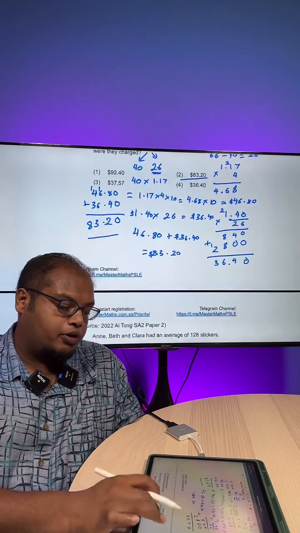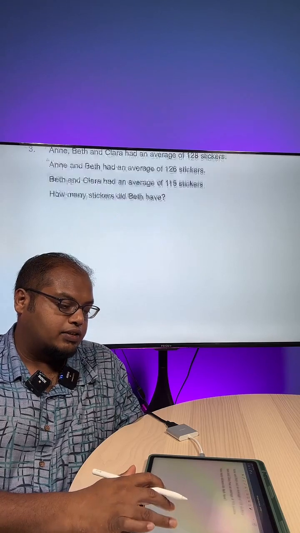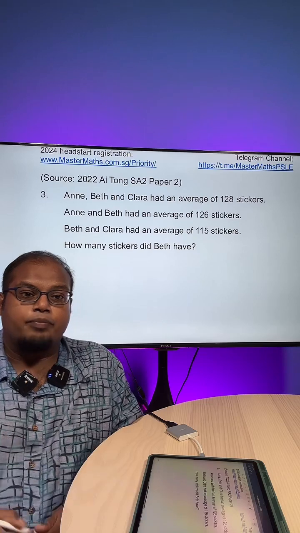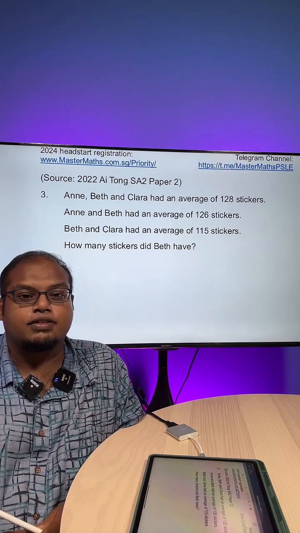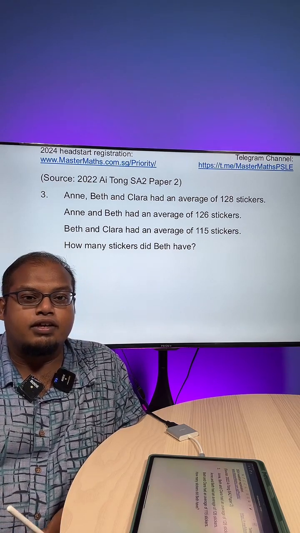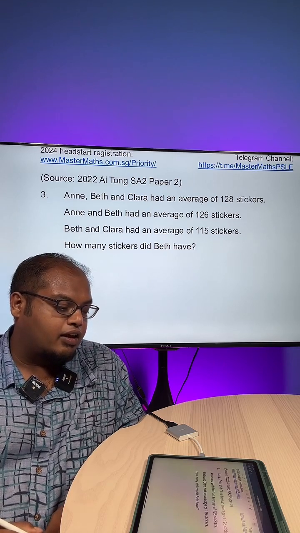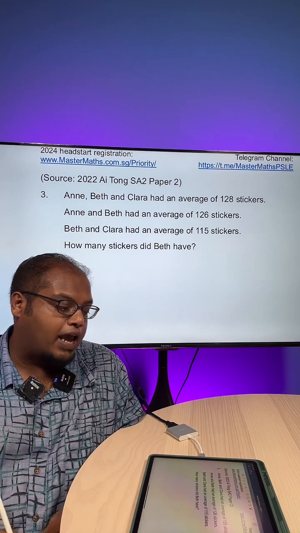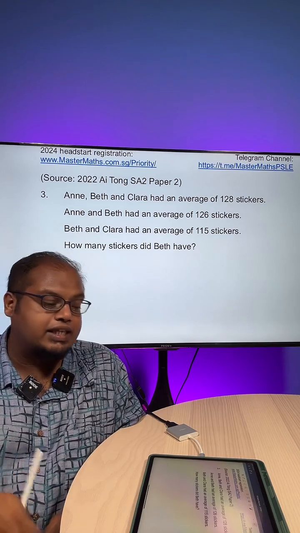If all are good, let's go to question 3. Anyone got any idea what kind of problem sum this is? You can put it on the chat. There's about 3 children here, and Anne, Beth, and Clara had an average of 128 stickers.